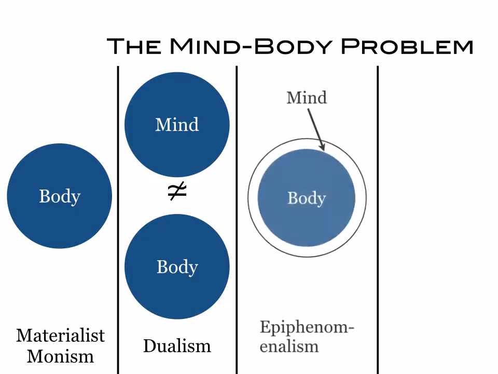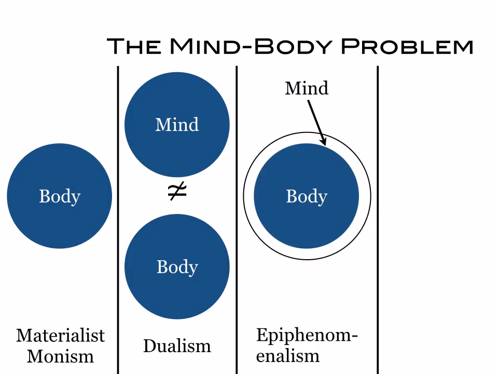A third position would be called epiphenomenalism, which argues that there is a mental realm, but the two are very much connected. And in fact, what distinguishes epiphenomenalism from dualism is that in the mental realm, if you destroy the body, that is, if you destroy the brain, the mind would go with it. So the two are so closely related.